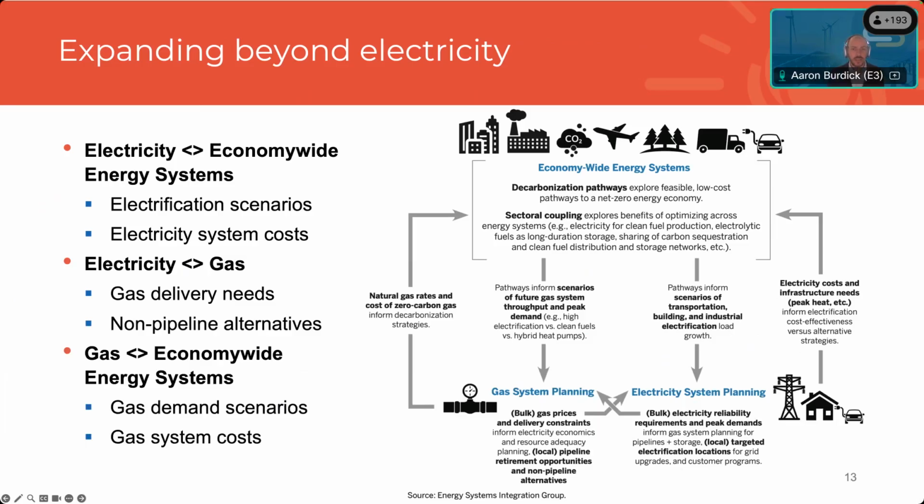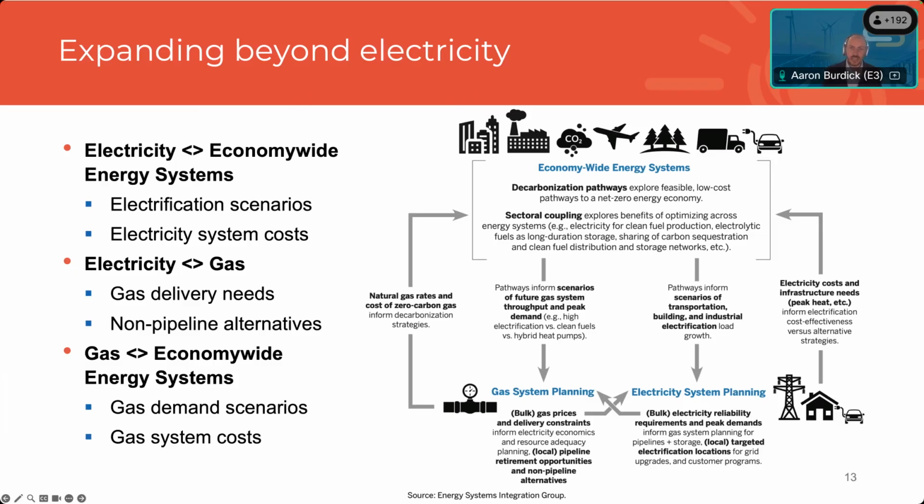So the first year of the ESIG Integrated Planning Task Force really focused on electricity system planning. However, we did in this foundations paper want to recognize that there are opportunities to coordinate the electricity system with other energy systems, including gas system planning and planning for economy-wide energy systems like buildings, transportation, and industry.